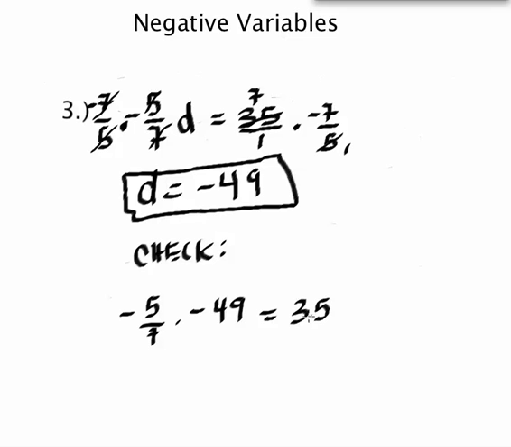Remember, write 49 over 1, and now we can do some cross simplification. 7 goes into 7 once, 7 goes into 49 7 times. Now I've got negative 5 times negative 7, which is positive 35, equals 35, and it checks out.